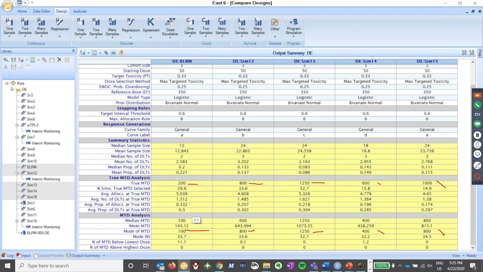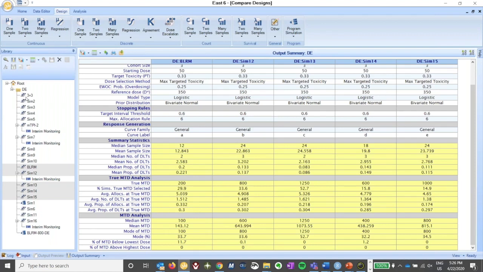Okay, so the way that you would select, and you see what this option does, is by essentially viewing this summary table, and that would be a very quick view that allows you to see how well the method did in picking up the right MTD. So it might seem that it did not do very well. It actually does much better than some other designs.